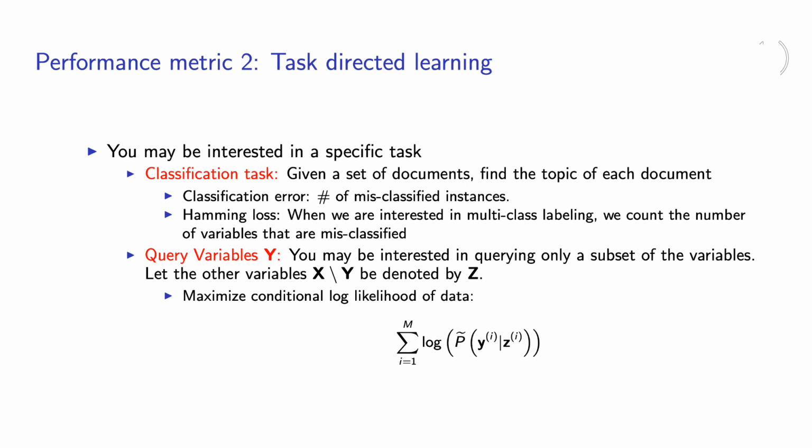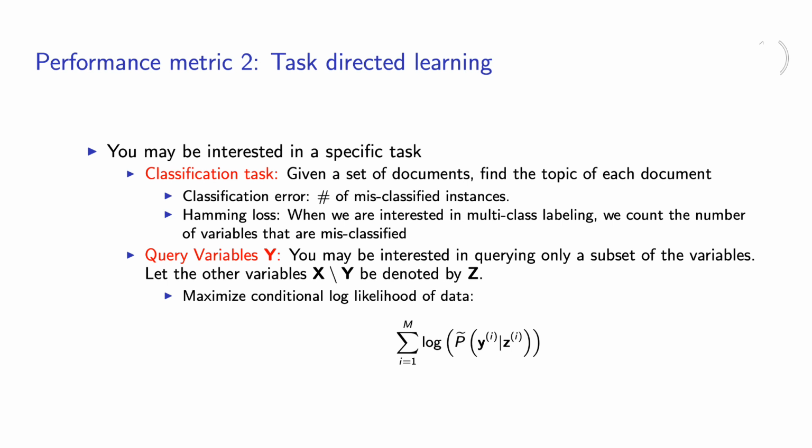So in a nutshell, the previous slide was saying that the best candidate among a set of candidate models is the one that maximizes the log likelihood of the data. In a way, this is a task-independent metric, in the sense that all we care about is finding a distribution that is as close as possible to the data generating distribution.